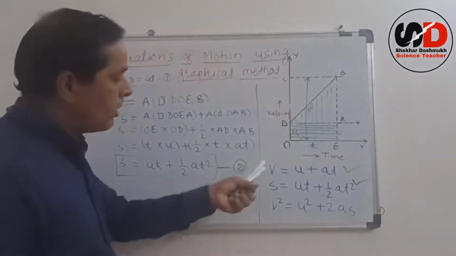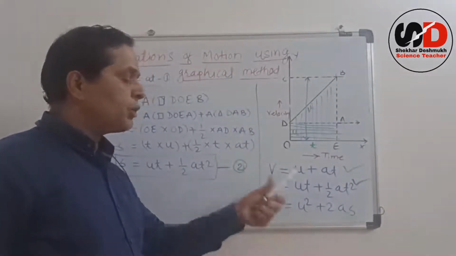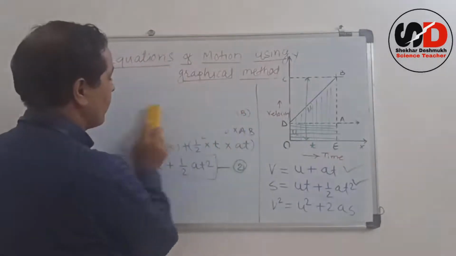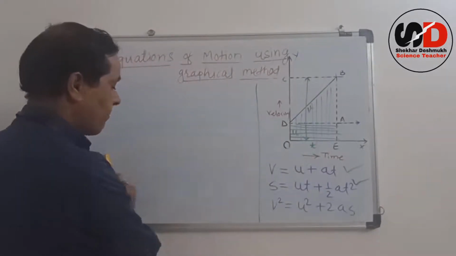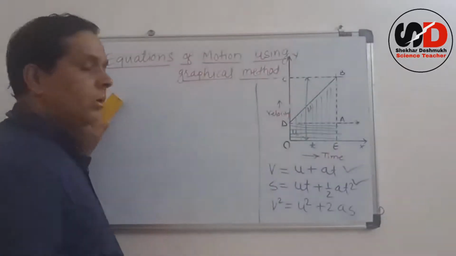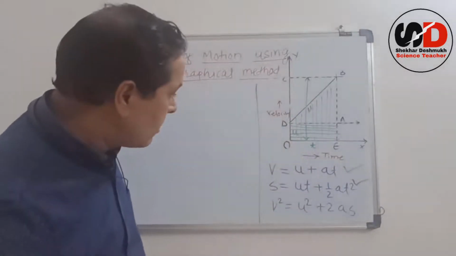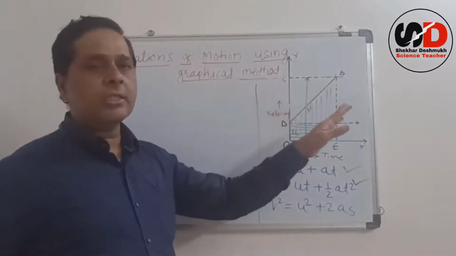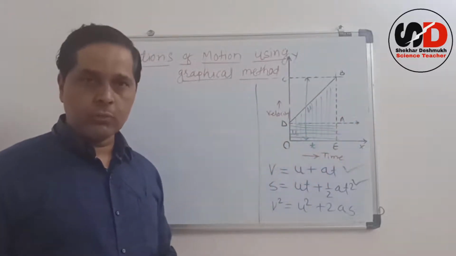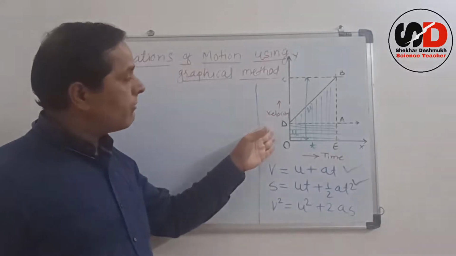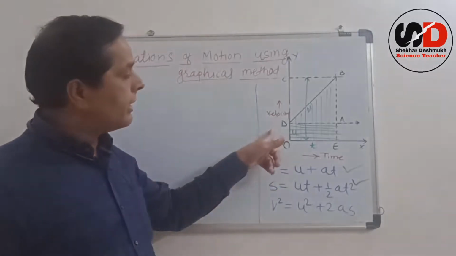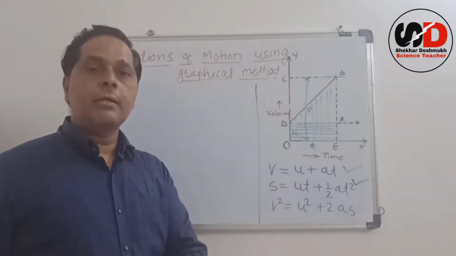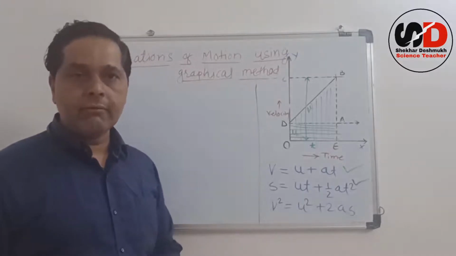So let us see how the third equation of motion is to be proved. To prove this third equation of motion, we have to take the similar concept that we used for the second equation of motion. That means the distance covered by the object is given by the area of this quadrangle that we already used in proving the second equation of motion.